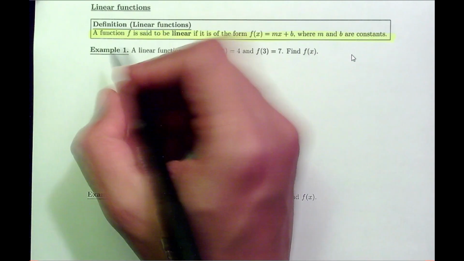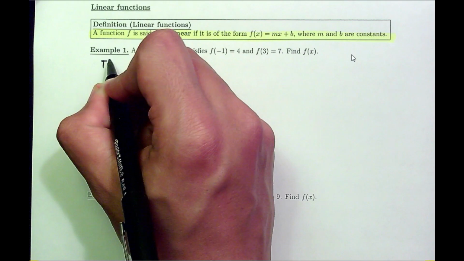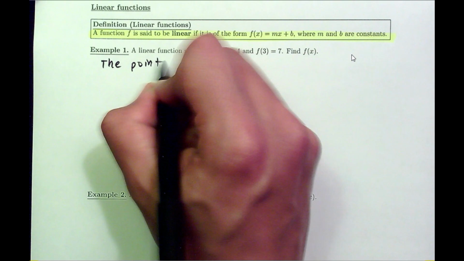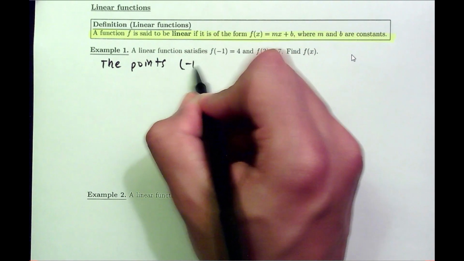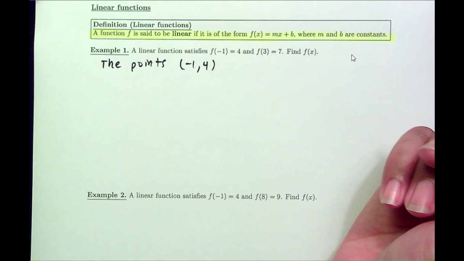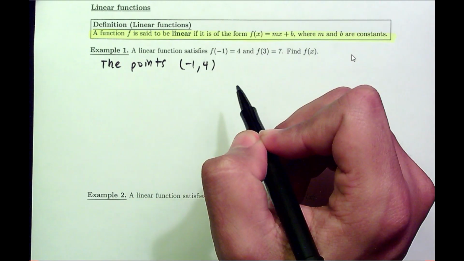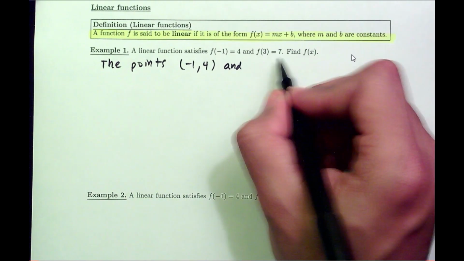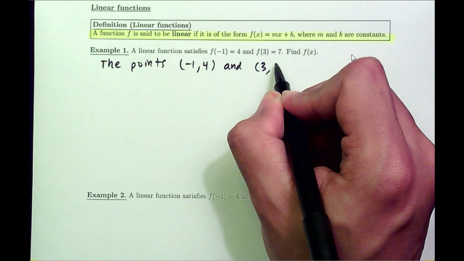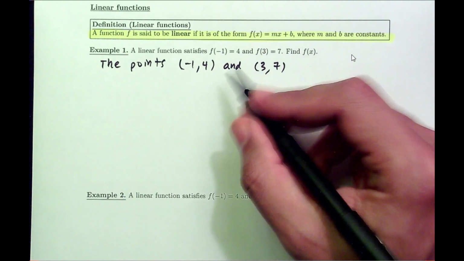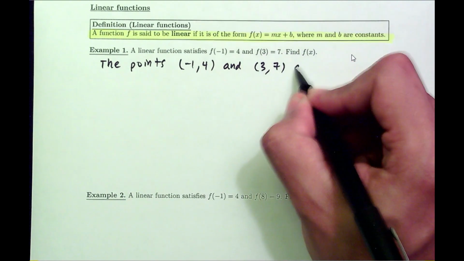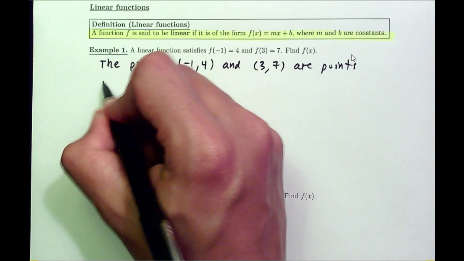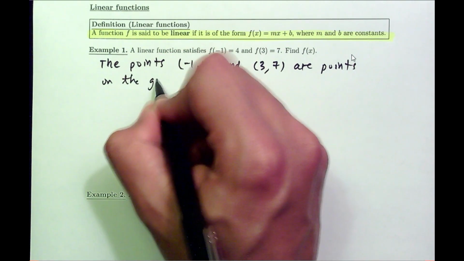So if you rephrase this slightly differently, that means the point x, which is negative 1, comma 4 for the y, is a point on the graph, and the corresponding point from this, 3, 7, is also a point on the graph. The points negative 1, 4 and 3, 7 are points on the graph, and the graph is a line.